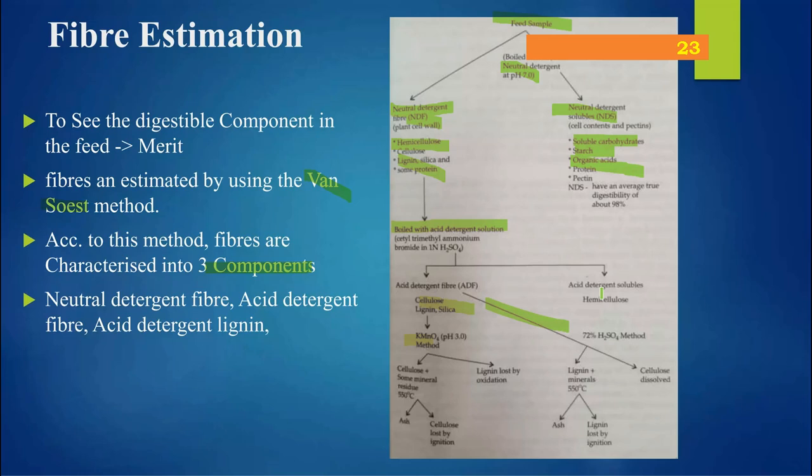Then it is heated at 550 degrees Celsius, which leaves the ash and the lignin content. Ash and lignin are totally useless to a milk yielding cow. But in spite of that, some quantity of fiber is very much required for proper digestion, and we'll see what those are.